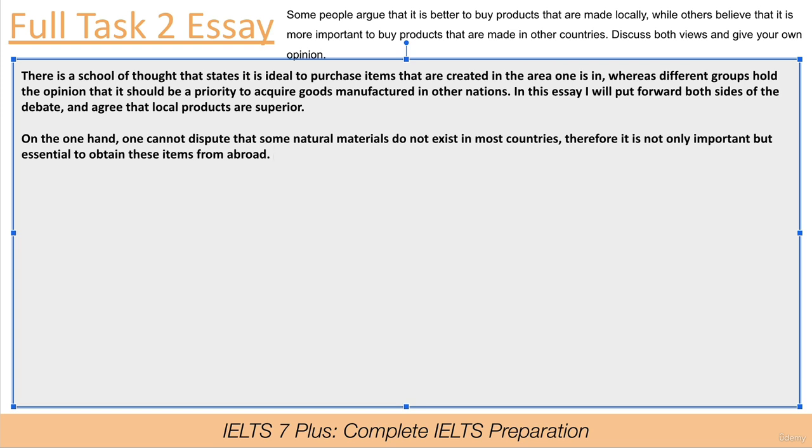On the one hand, one cannot dispute that some natural materials do not exist in most countries. Therefore, it is not only important but essential to obtain these items from abroad. Okay.